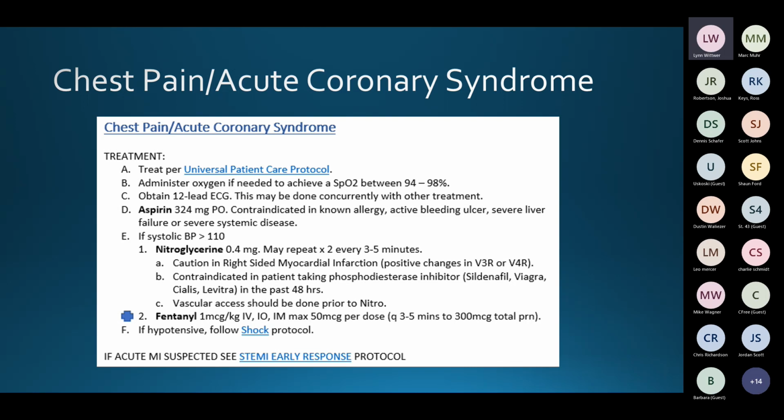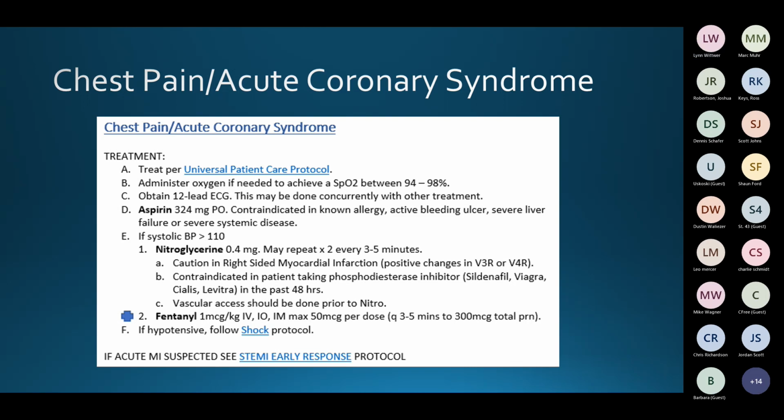In a moment, you'll see that one of the key performance indicators, the KPI, for acute coronary syndrome and STEMI for the state of Washington is to get a 12 lead within 10 minutes of arrival at patient side.